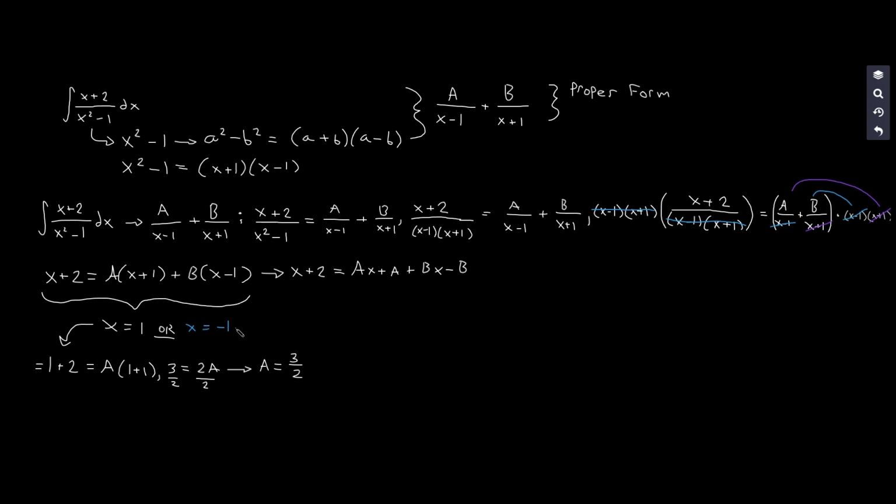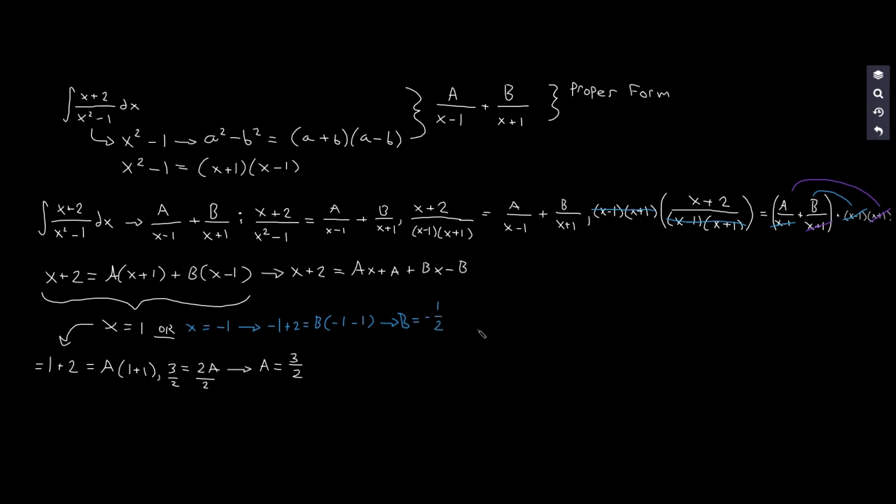And then we're going to get -1 plus 2 equals b times -1 minus 1. And in such a case, it will show that b equals -1/2.